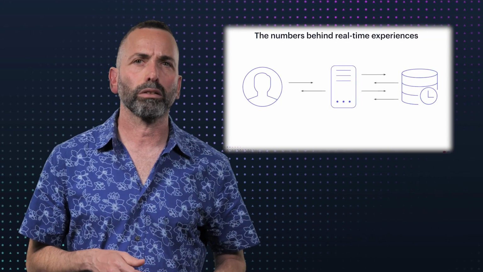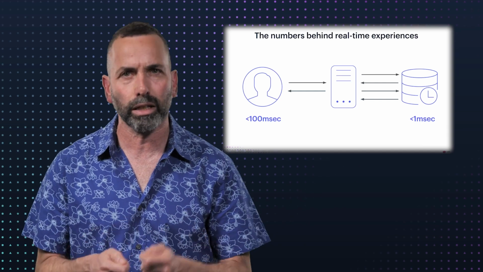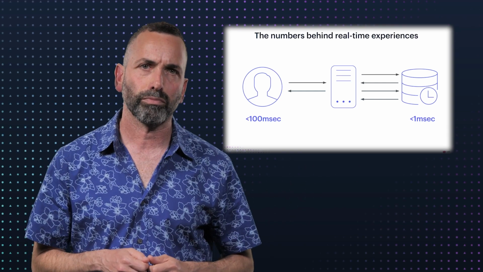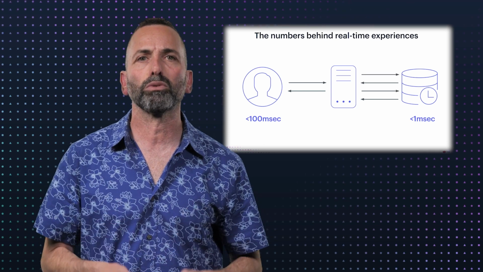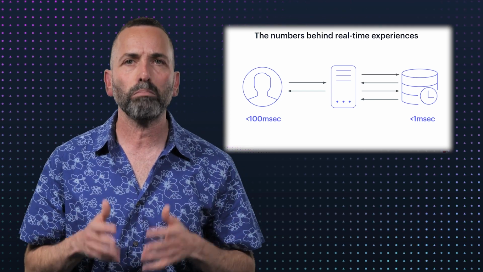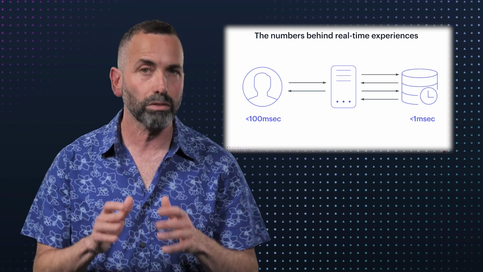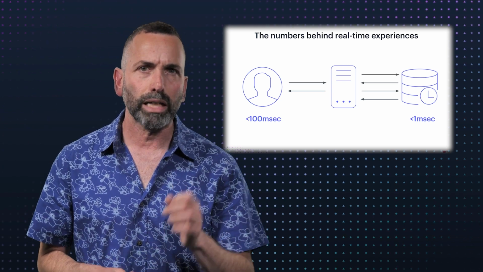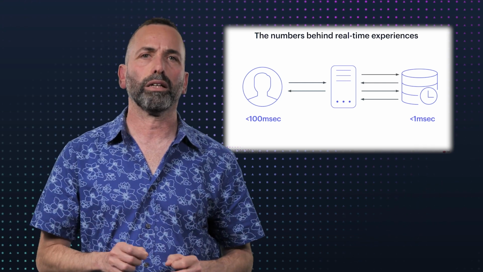Let's put a definition of real-time application experience and real-time data into concrete numbers. There's been a lot of research that eventually boiled down to the fact that 100 milliseconds of end-to-end response time is considered a real-time experience. That's the time where you have little to no delay.